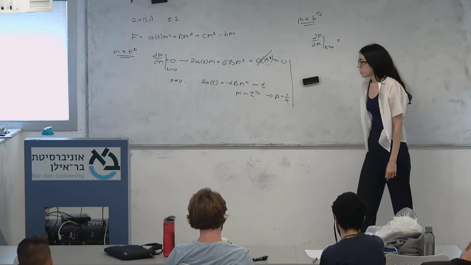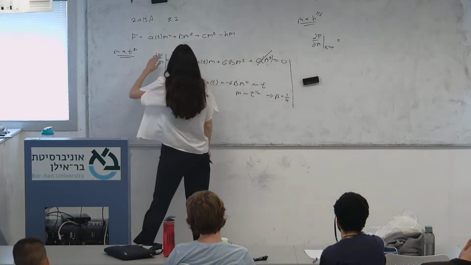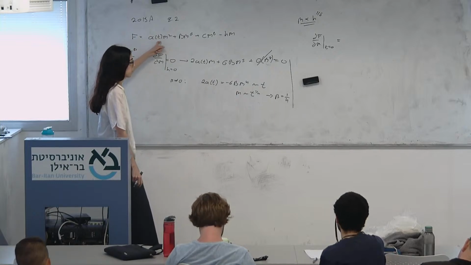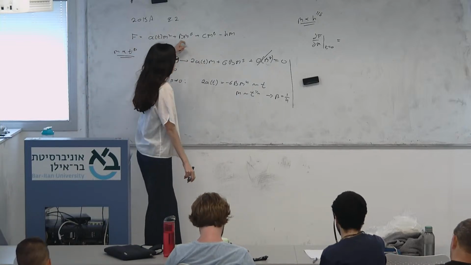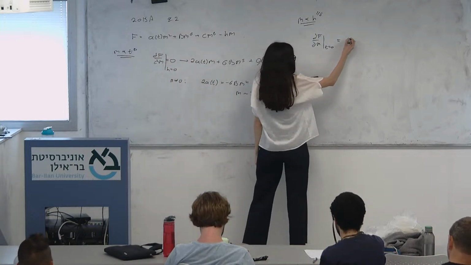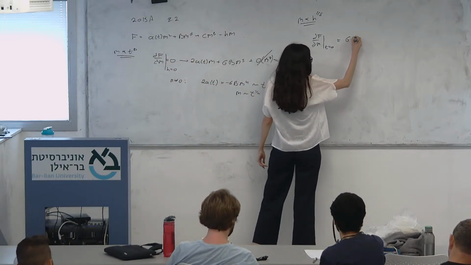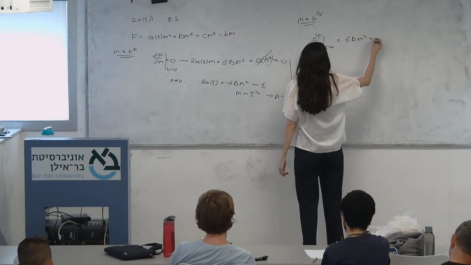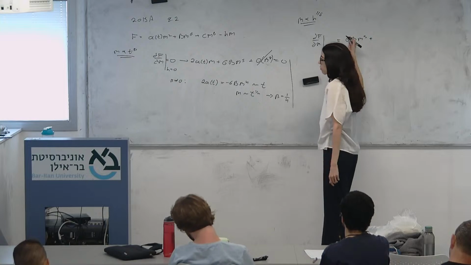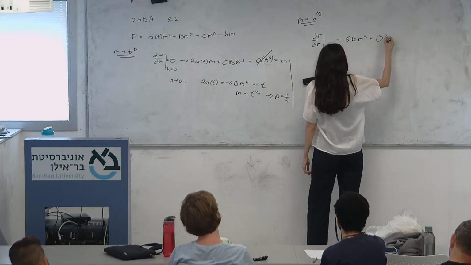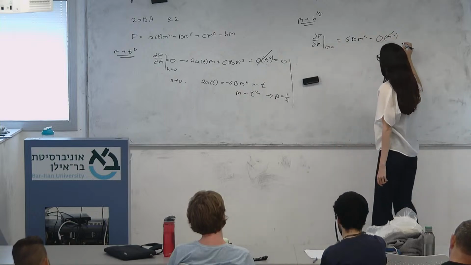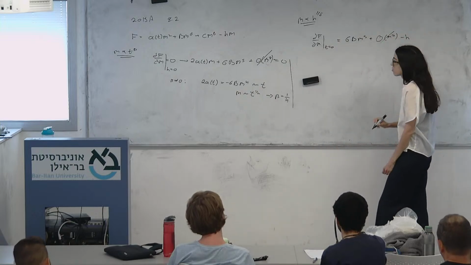So what do we get? The first expression, we know that A of t is proportional to t, so this is 0. The first one is the same, just 6 b m to the 5, plus, again, some higher order of m, something like m to the 7, so we don't care, minus h.